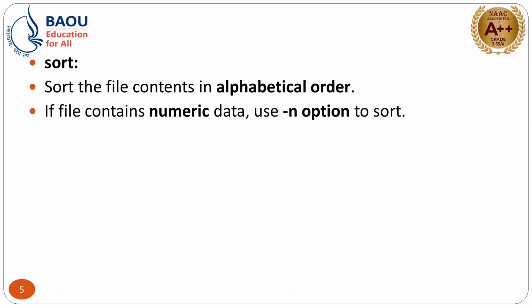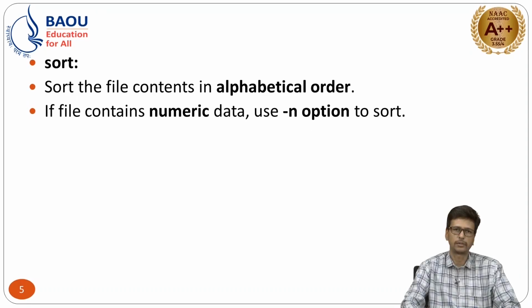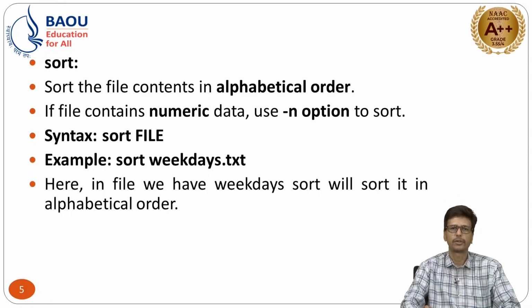For example, you require to sort the content of a particular file in alphabetical order. In that case you require this filter. If you want to sort data which is in numeric form, you use an option. Otherwise you can directly use the sort command and then the file name.